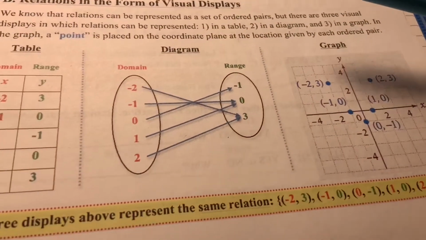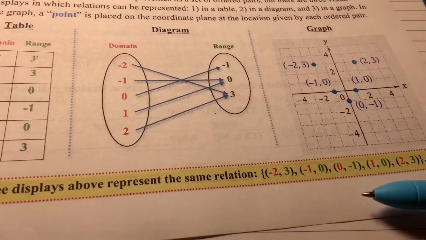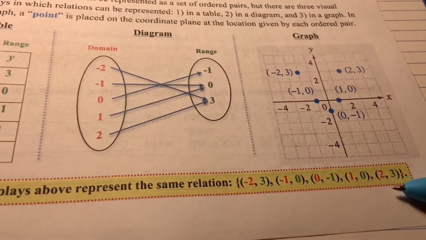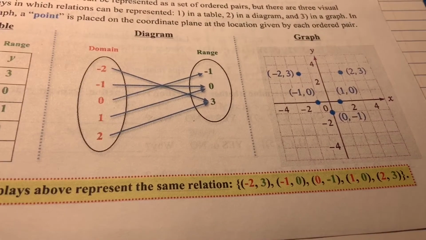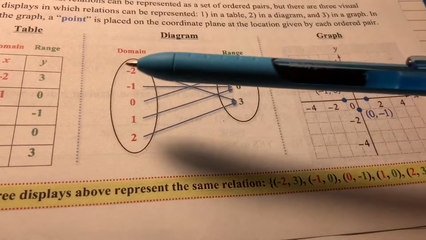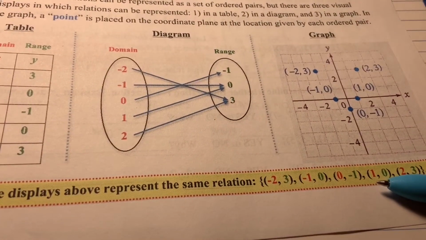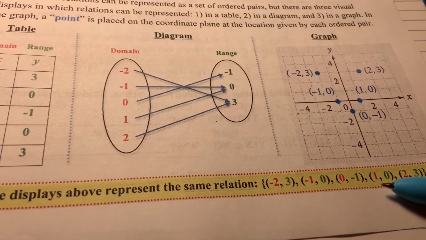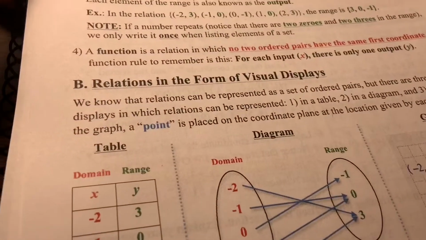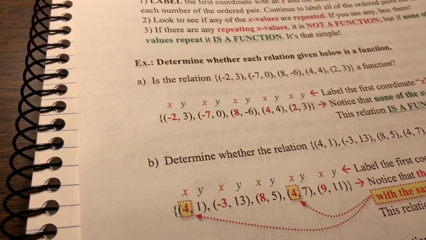These three are visual representations, and this is just in the form of coordinates, which is not really visual. But all four are the same exact thing. All right, hope you got that. Let's move along. Let's look at the back.